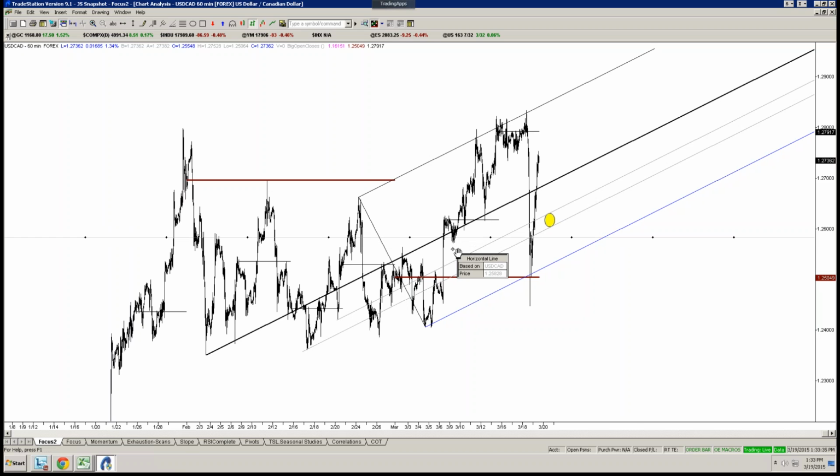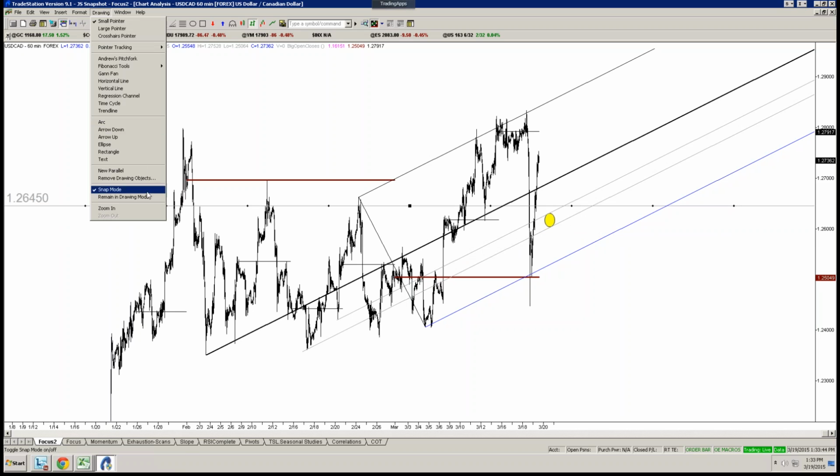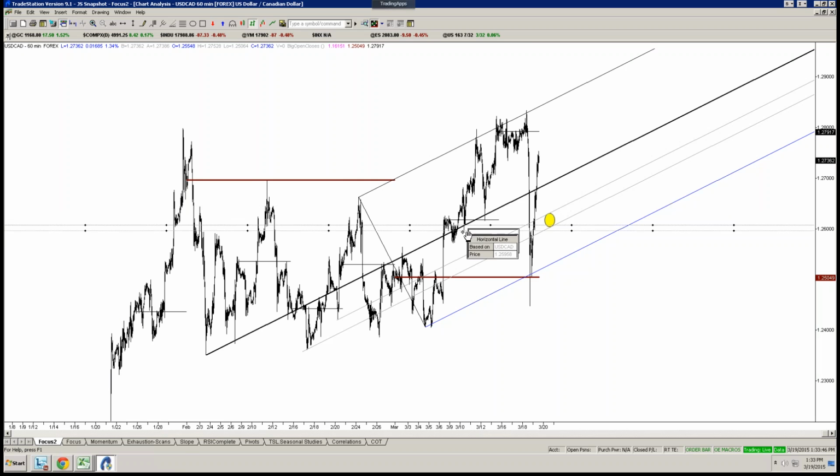And let's see, a little high, in line with these. Might be in line with roughly 26 to 26.15 for dollar CAD.